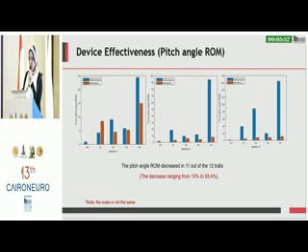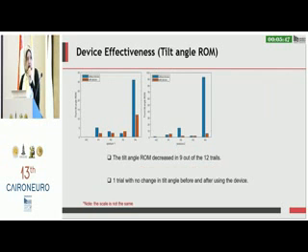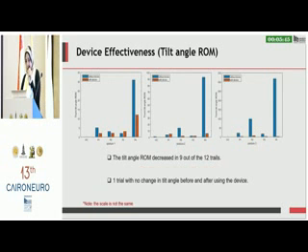The pitch angle range of motion decreased in 11 out of 12 trials. Here, the tilt angle range of motion decreased in 9 out of 12 trials in the 3 postures, and 1 trial showed no change, before and after were the same.